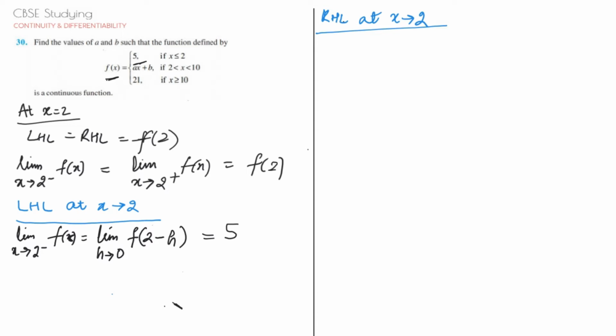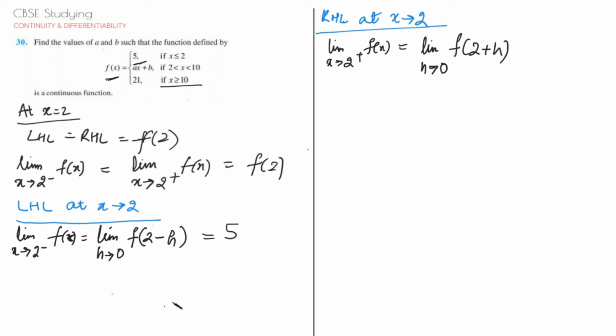RHL at x tends to 2, limit x tends to 2 positive f of x is equal to limit h tends to 0 f of 2 plus h. For values greater than 2, which function are you going to take? Ax plus b. So ax plus b.